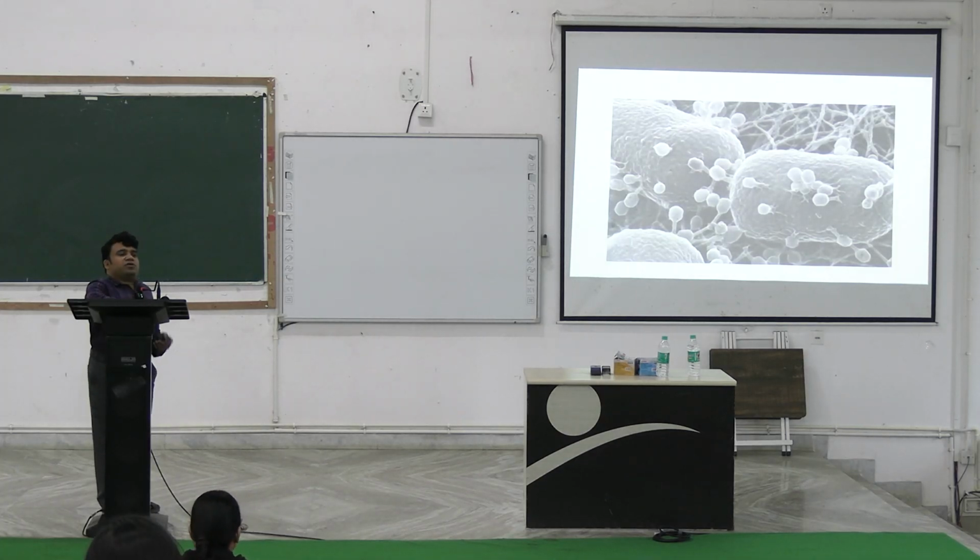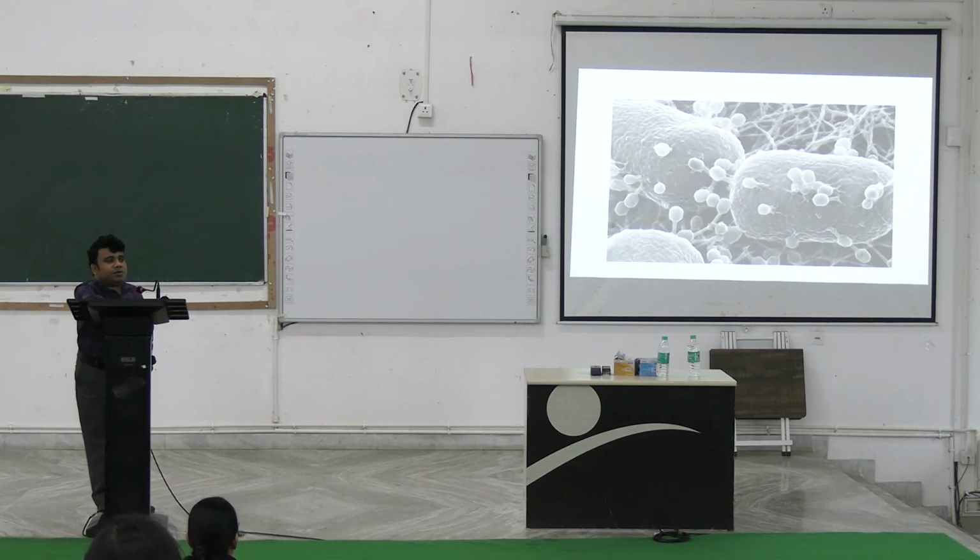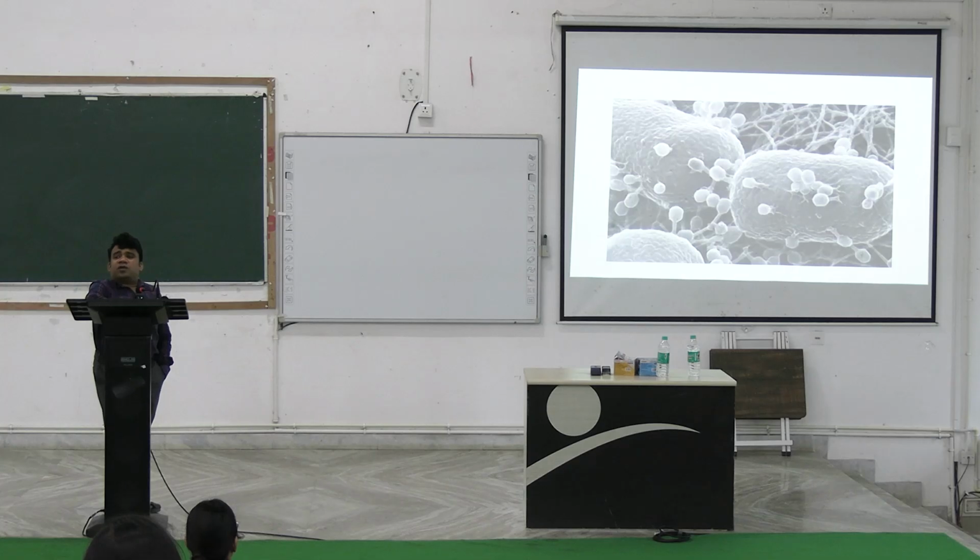And the final aspect of the morphology is this. What is this? Anybody? Any idea? This is the electron microscopic picture of the bacteria. Good. So, what are bacteriophages? These are viruses which prey on bacteria.